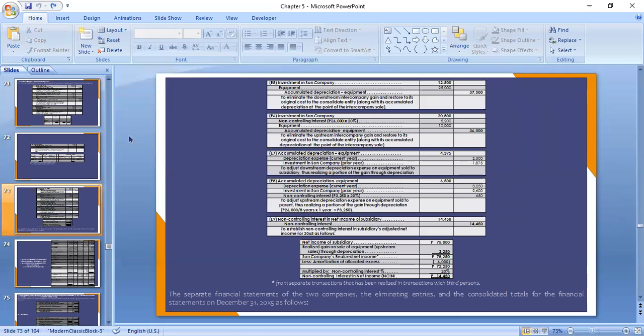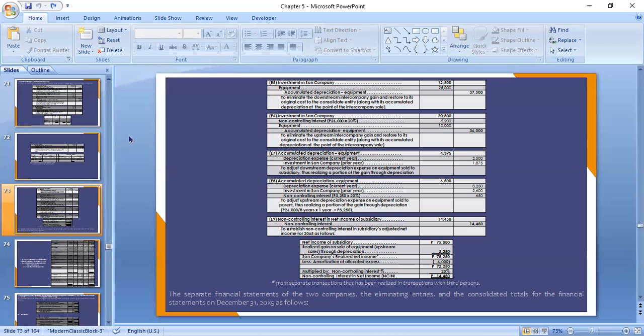As well as the entries to eliminate downstream intercompany gain. So we now restore to its original cost to the consolidated entity along with its accumulated depreciation at the point of the intercompany sale. So we now debit investment in Sun and debit non-controlling interest and equipment, credit accumulated depreciation.